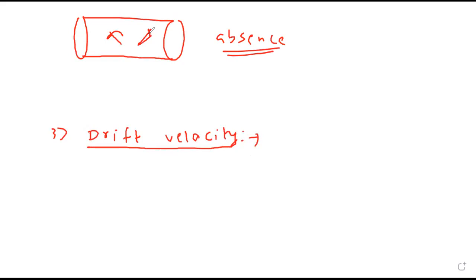So, due to thermal agitation, the velocity of an electron is in the order of 10 raised to 5 to 10 raised to 6 meter per second, randomly moving inside.